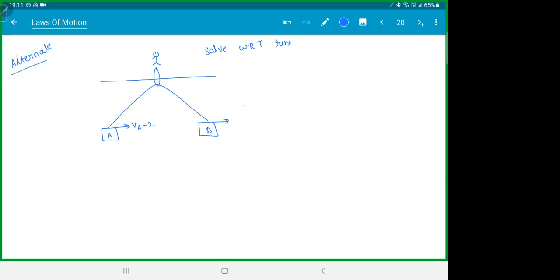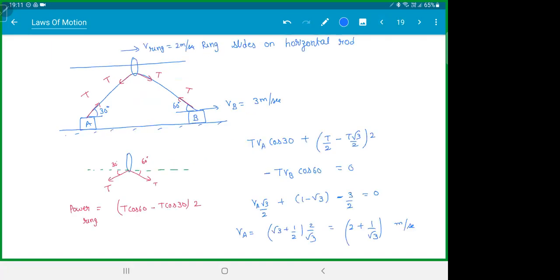And B becomes a speed of 1 meter per second. This is the velocity of B with respect to C. This is the velocity of A with respect to C. And then use the first method here, theta 1, theta 2, and finish it off. T VA minus 2 cos theta 1 minus T 1 cos theta 2. So using relative velocity is much faster, but this is actually what is happening.